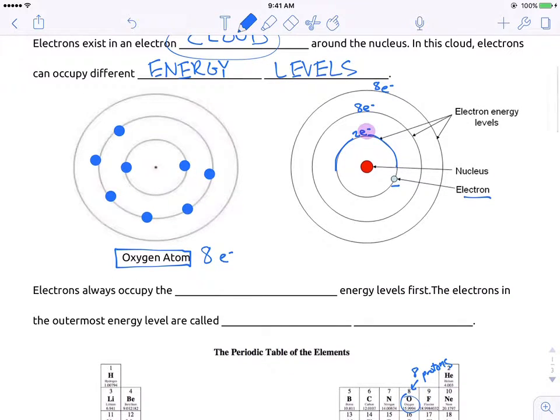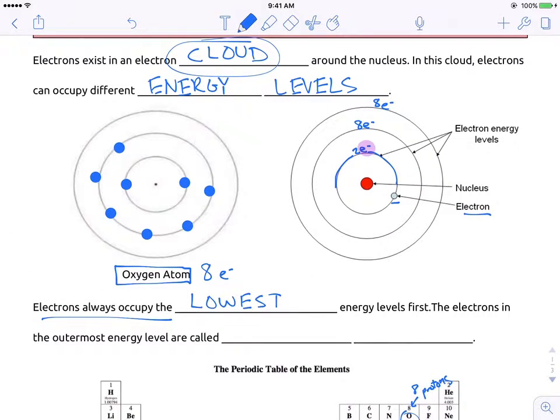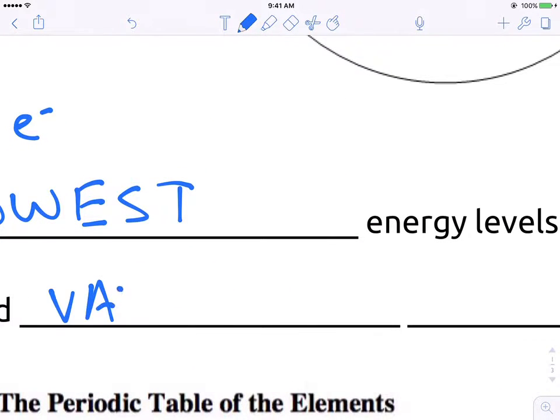And it's important to know that electrons always occupy the lowest energy levels first. So I start in the middle or towards the center of the atom in the lower energy levels and work my way out. The electrons in the outermost energy level are called valence electrons.